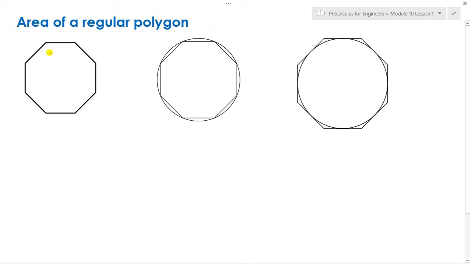Dili mo familiar ani? Octagon. Okay, so di ba ganiha nag-start ta ni triangle which is a polygon. Again, polygon ang general nga tawag. Polygon comprising of 3 sides. Then next is quadrilateral, that is a polygon comprising of 4 sides.